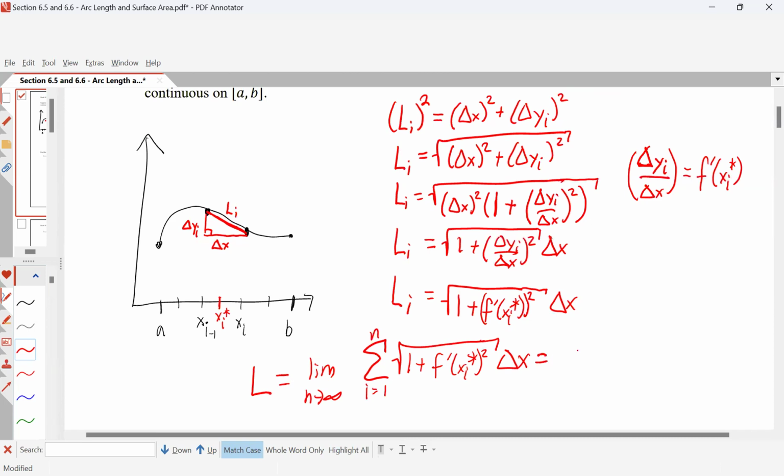This is our formal definition of what the integral is, so the length of the curve is the integral from a to b of the square root of 1 plus f prime of x squared dx. And now we have a formula we can use to find the arc length of a curve, and we will see how to use that in some examples in the next videos.